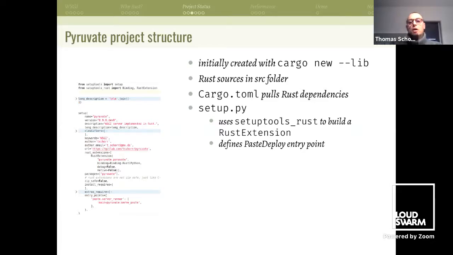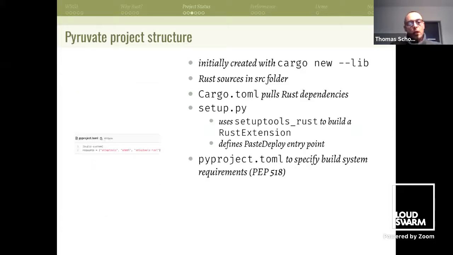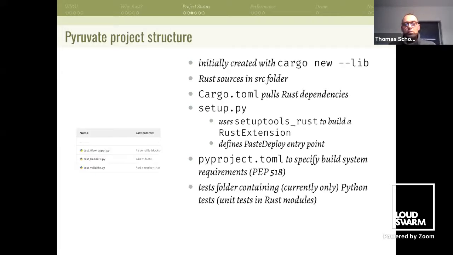It also defines the PasteDeploy entry point. Then there's a pyproject.toml file to specify the build system requirements, which you can look up in PEP 518. And there's a tests folder, which currently contains mostly Python tests. So these are tox tests.